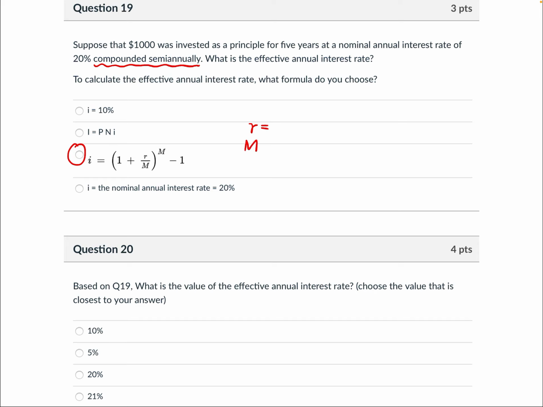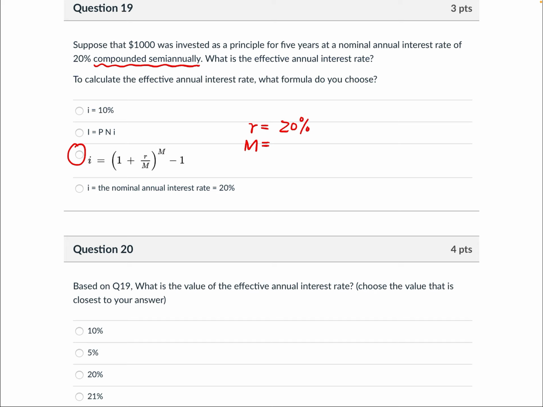But to get the answer correctly, you need to determine what is R, what is M. Okay? R, by definition, is the nominal annual interest rate. So it's 20%. But M is the number of interest periods because it's compounded every half year. So for every year, it's compounded twice.